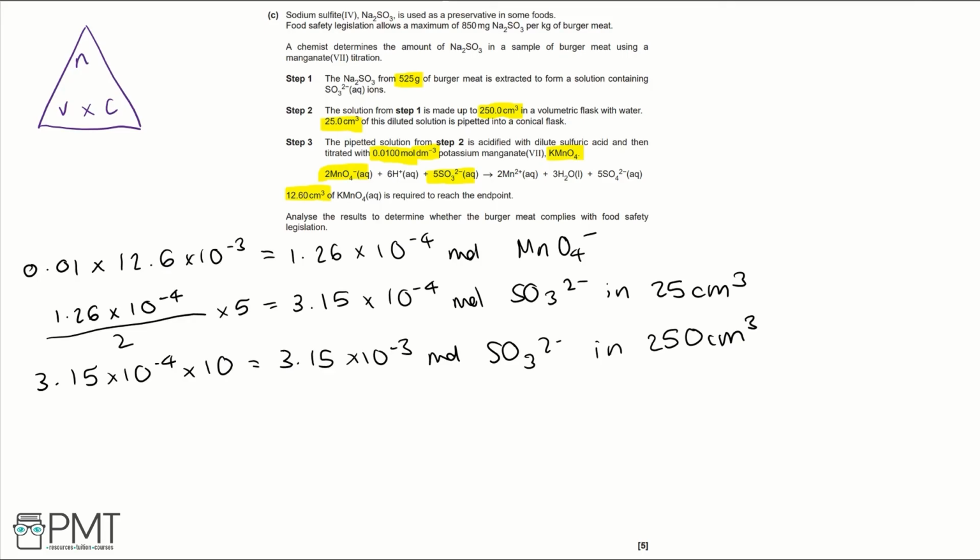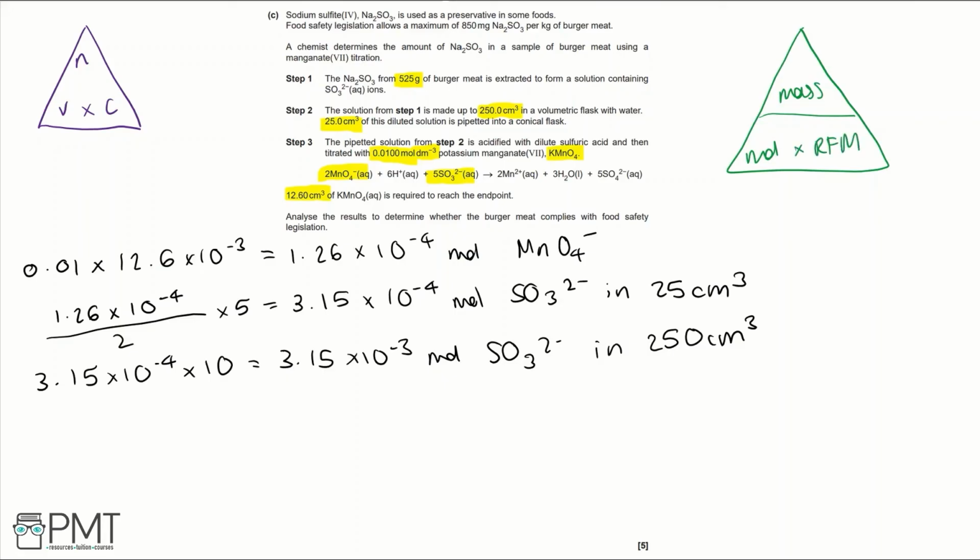So now we've effectively used the molar ratio and the scale factor to get the moles of the sulfate ions. Now we're going to use a second equation triangle to help us work out mass. So mass is equal to moles times relative formula mass.